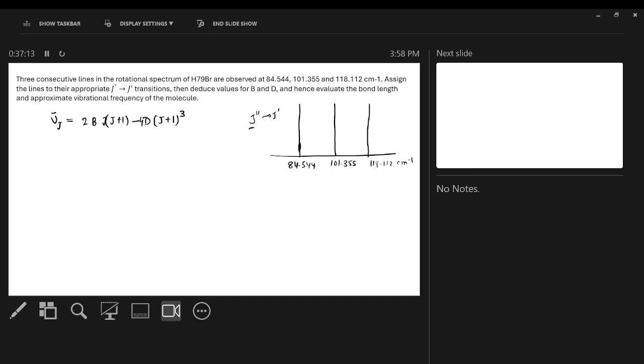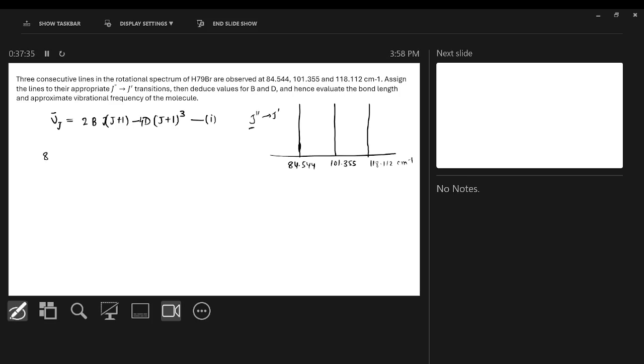This is the equation for wave number for transition between corresponding two energy levels. I will call this equation 1, and for three lines it's given.